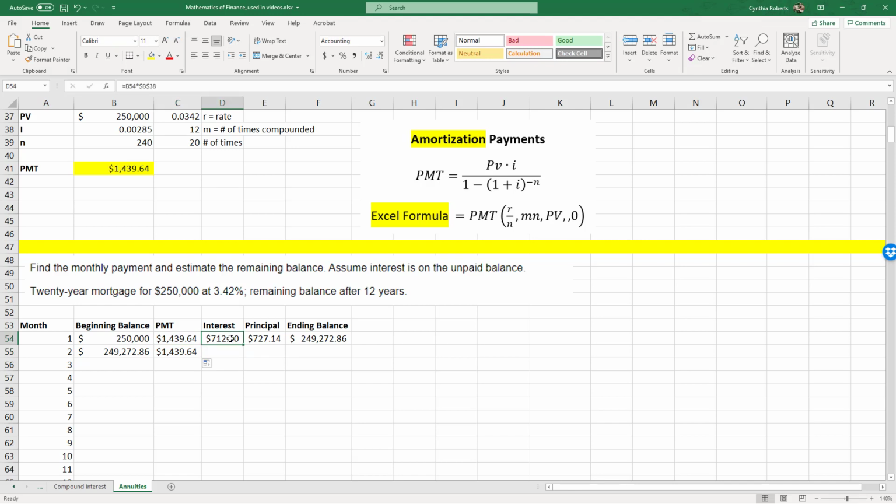Notice my interest: that was the beginning balance, which I want to move, so I don't want that to be an absolute reference, and then times my interest rate. So I can just copy that down. My principal will always be my payment minus my interest, so I can copy that down. And then my ending balance will always be my beginning balance for this row minus my principal. And so I copy that straight down.